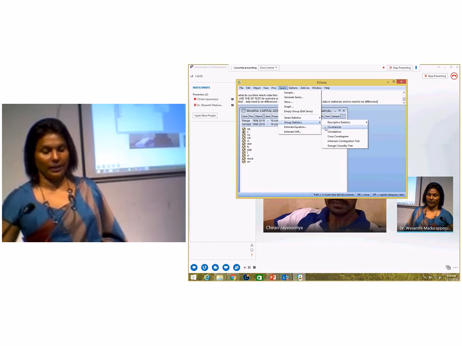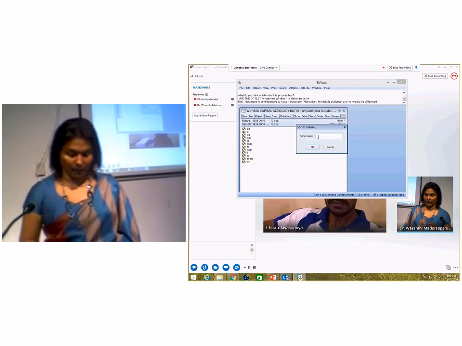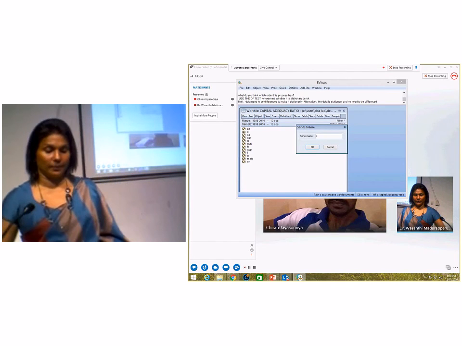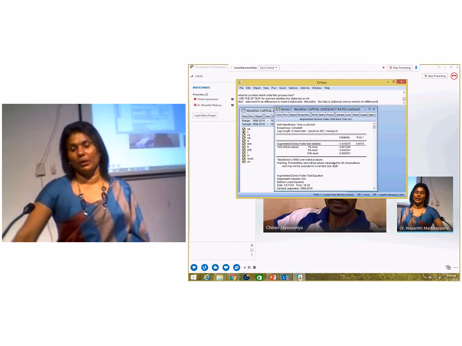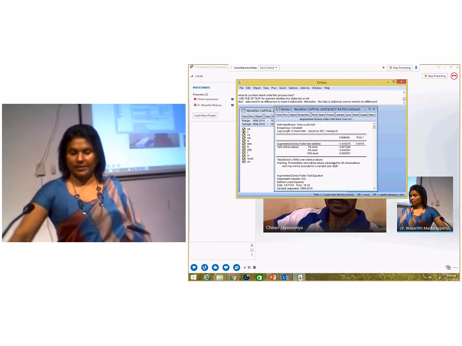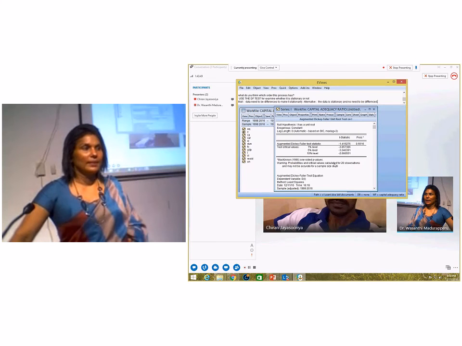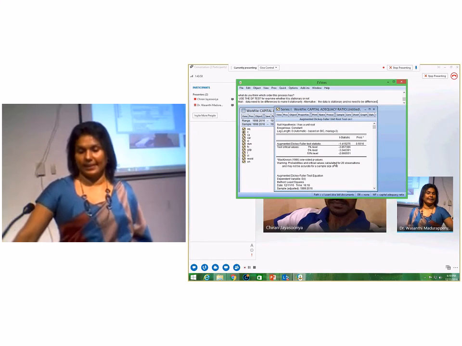Then go to Group, Series Statistics, Unit Root. Go to another variable, interest rate. This variable also, the levels data are not stationary.